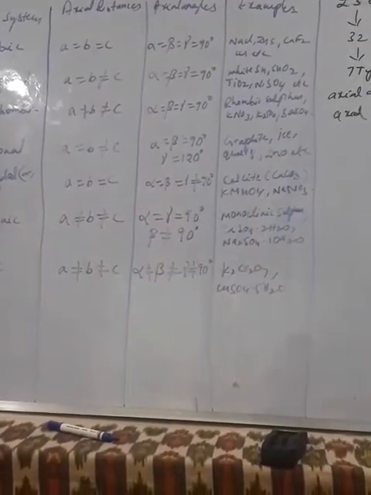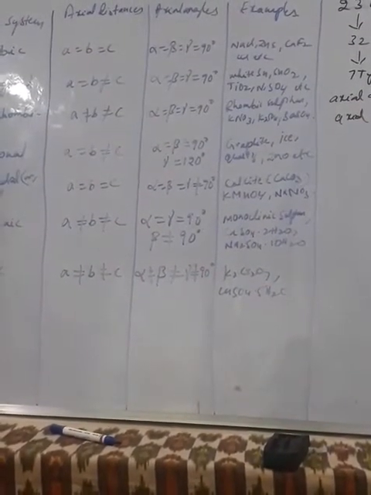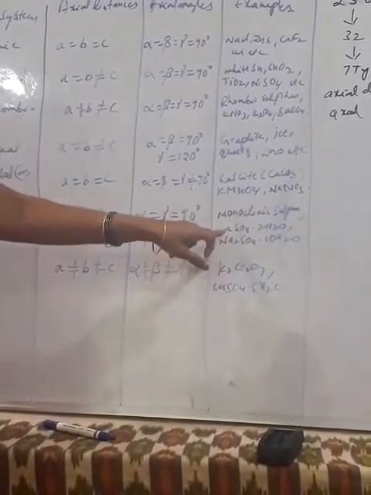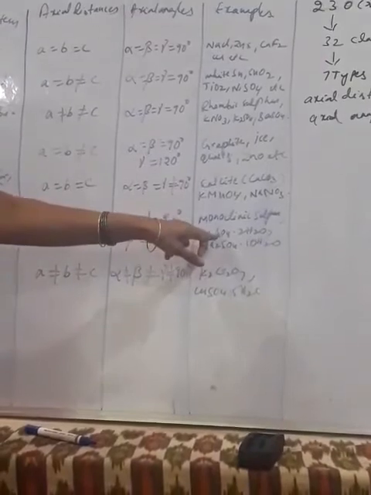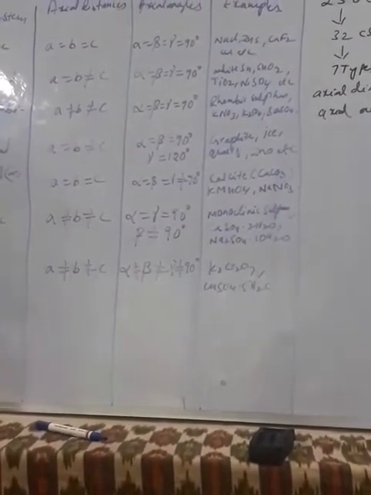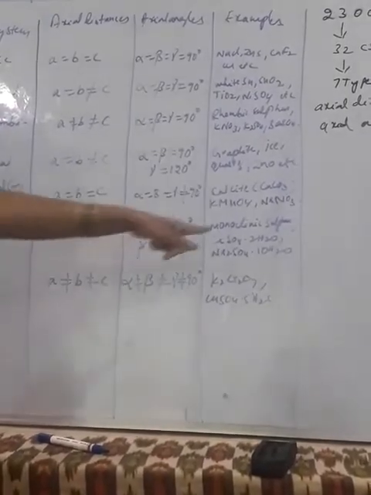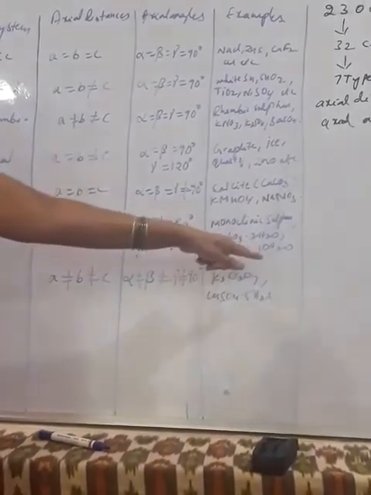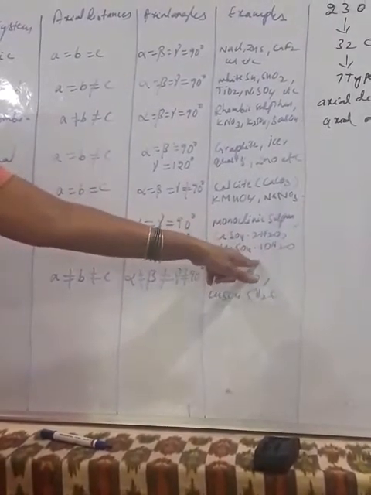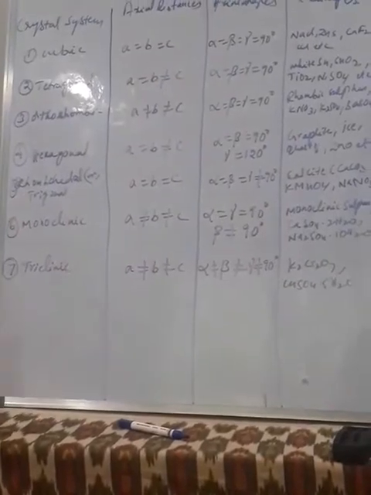Examples are monoclinic sulfur, calcium sulfate hydrated, CaSO4 2H2O, which is also called gypsum, and sodium sulfate hydrated salt, Na2SO4 10H2O. All these come under the monoclinic type.